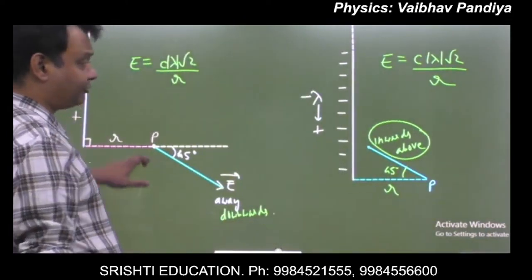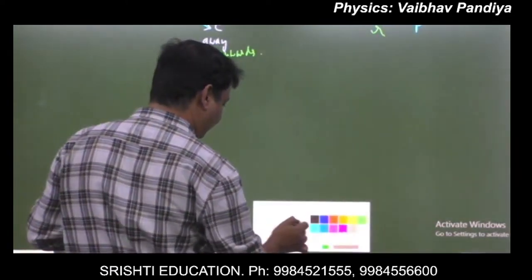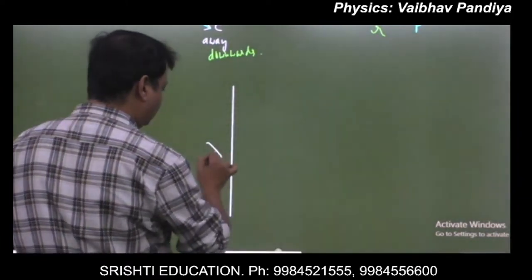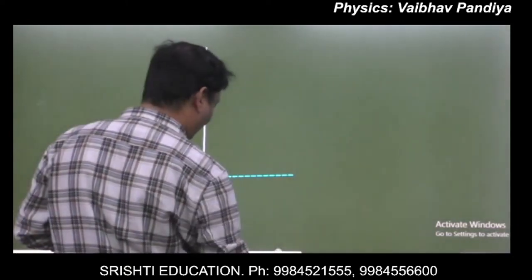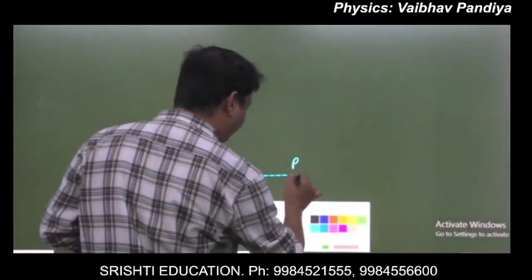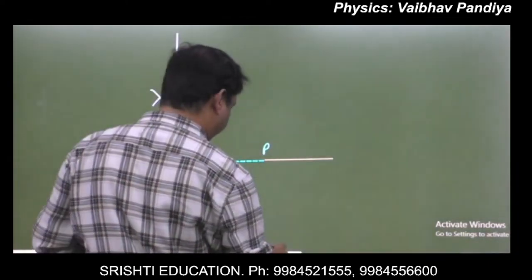If the sign is not known, suppose I have given you a uniform line with a density lambda, and there is a point P, and you have to make the field at P. You don't know whether lambda is positive or negative. Make it according to the positive model of lambda.